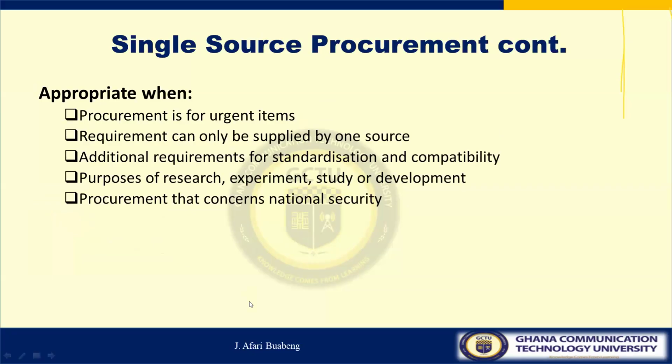Yes, sir, I want to say, for instance, with a single source, I would like to use NS Chemist as an example. Maybe a hospital is demanding a specific type of drug, and that drug can only be gotten from NS Chemist.